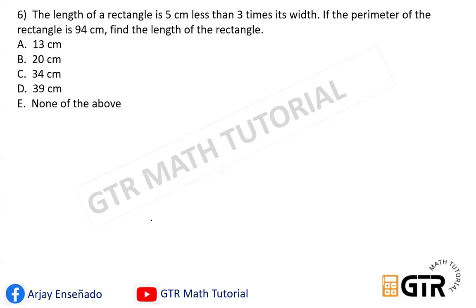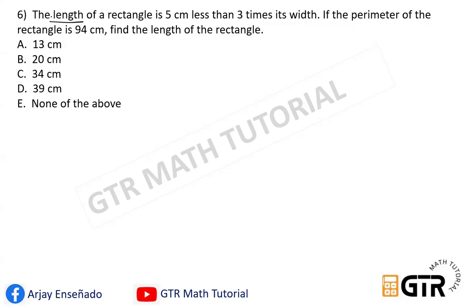Next, number 6. The length of a rectangle is 5 centimeters less than 3 times its width. If the perimeter of the rectangle is 94 centimeters, find the length of the rectangle. Okay, so let's form the equation word by word.